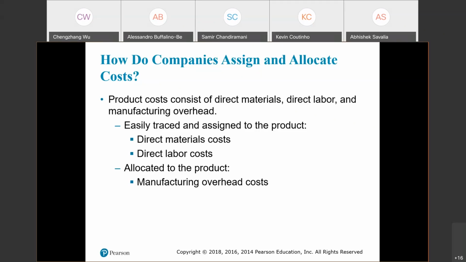So in other words, this company now decides to produce 2 models of tablets. One is the premium model and another one is the standard model.